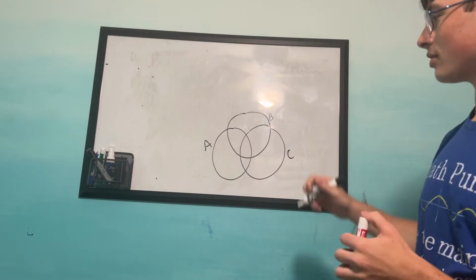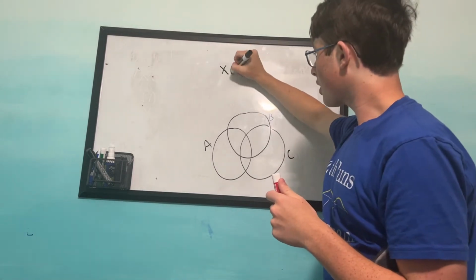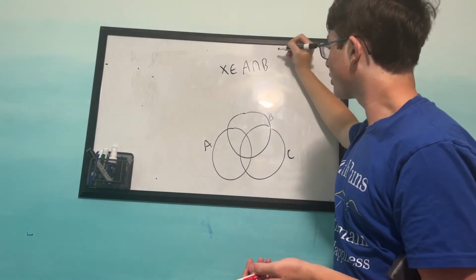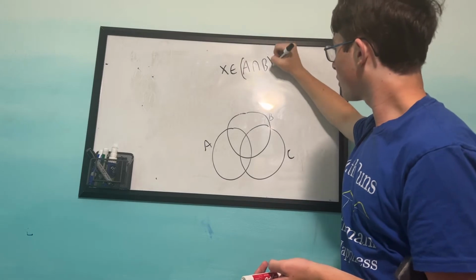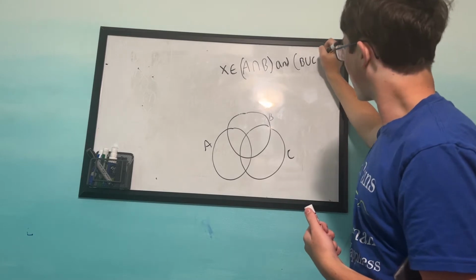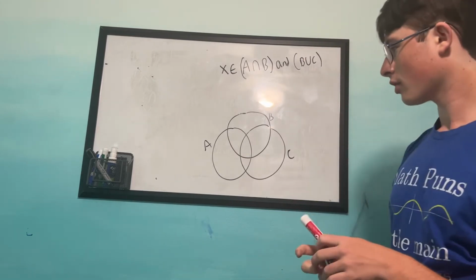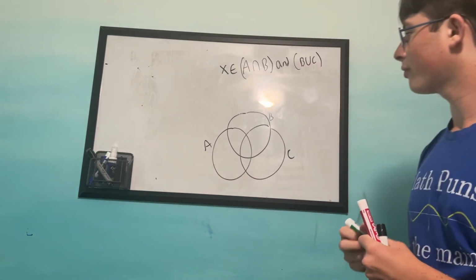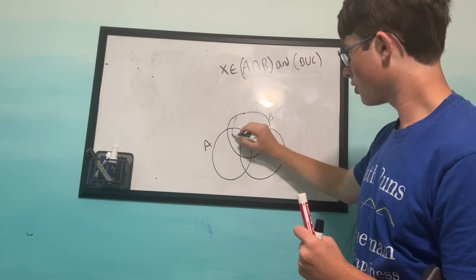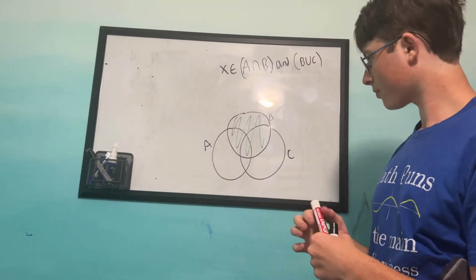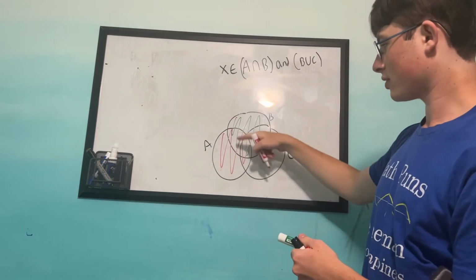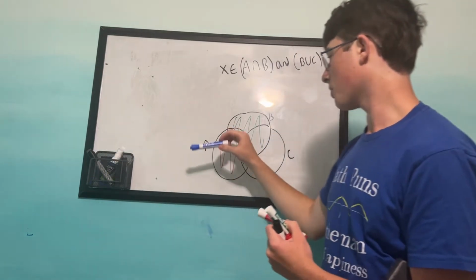So let's say we decided to say X is in the intersection of A and B and the union of B and C. First off, we would find A and B, so that's any spot that's in the set of B and the set of A, which we can see lines up with the A and B part.